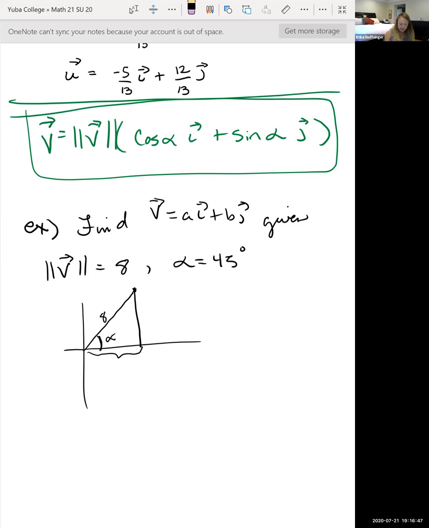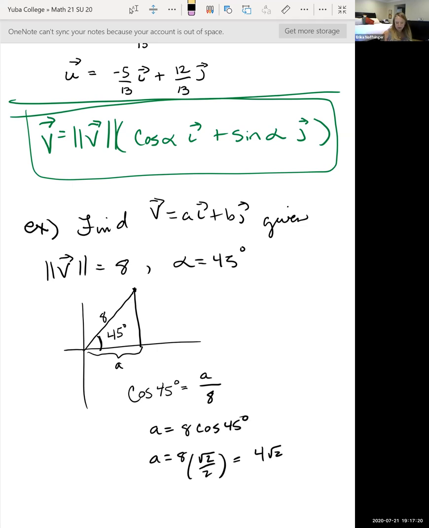That would clue you in to use cosine. So cosine of 45 degrees is a, my adjacent side, all over my hypotenuse 8. So a is equal to 8 times cosine of 45 degrees, which you should know. a is 8 times root 2 over 2, which is equal to 4 root 2.